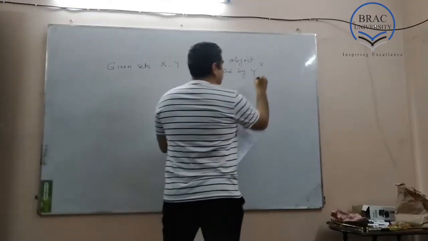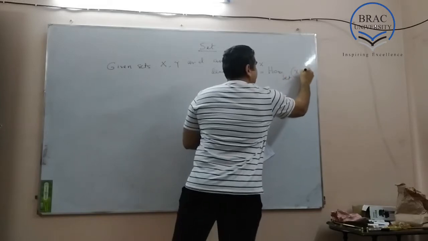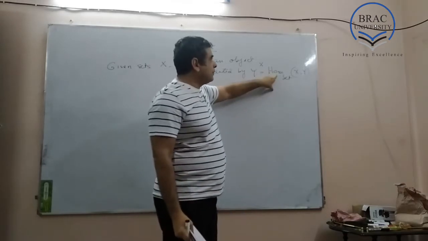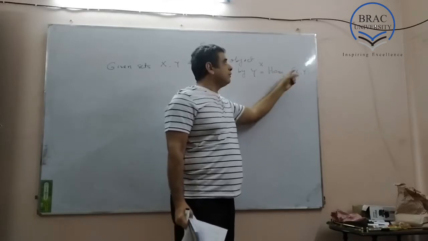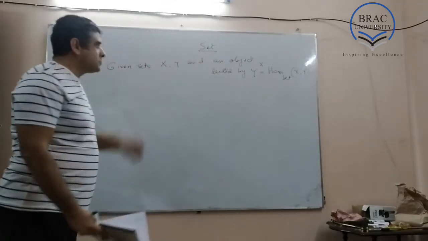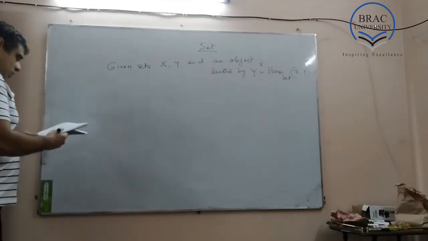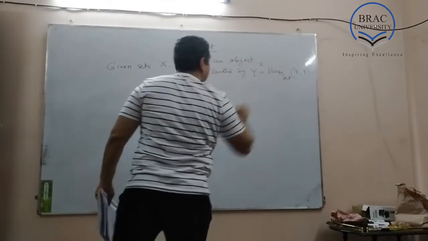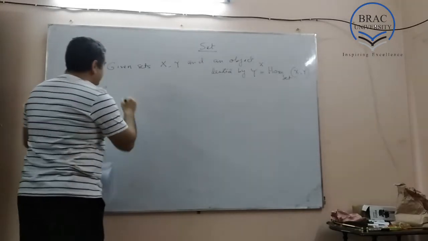And this means Hom_Set(X, Y), the set of all morphisms from X to Y, or all functions from X to Y. Okay. So this is how we define this object Y to the X. So an object denoted by Y to the X is called an exponential object in Set.